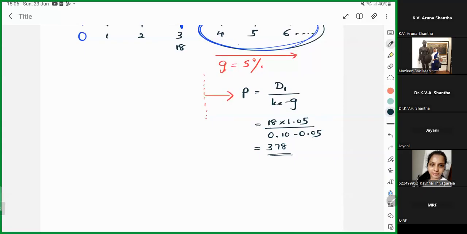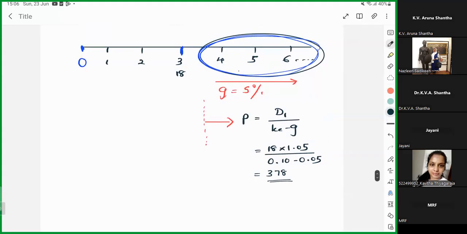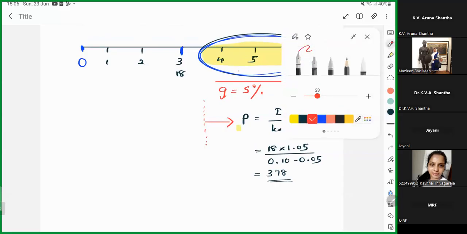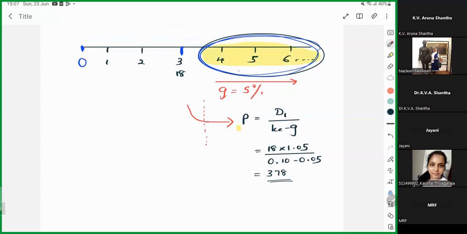Is it clear? Yes. So now this is the important point. Here we have used dividend from the fourth year onwards only. So this P is the value at the end of the third year. This value is at the end of the third year.